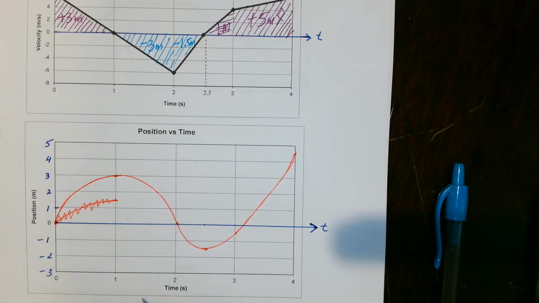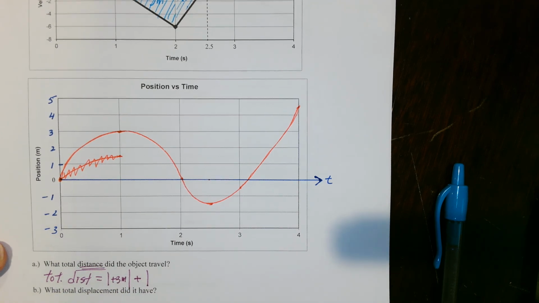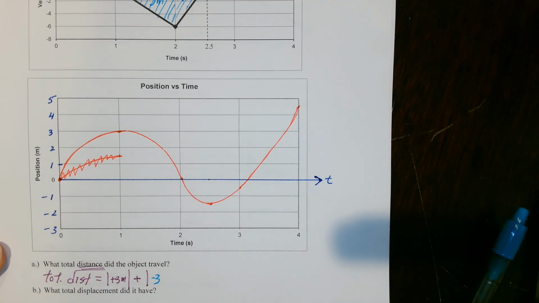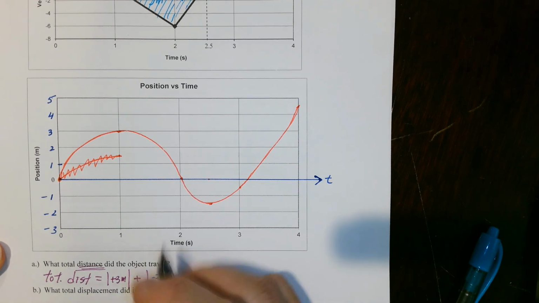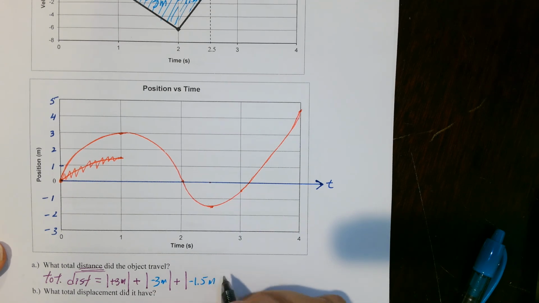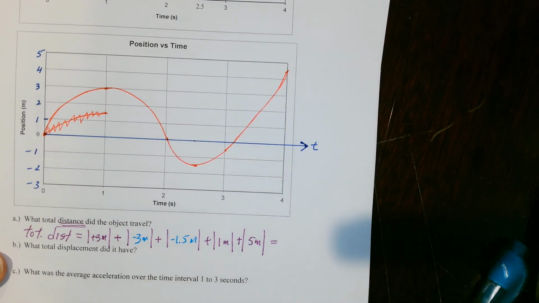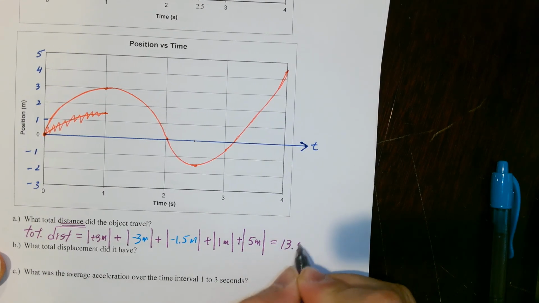So from 0 to 1, right? So if you add all these up in an absolute value way, you should get something around 13.5 meters.